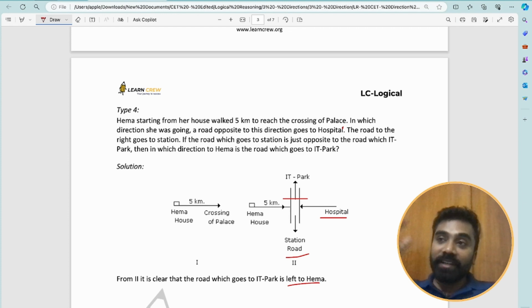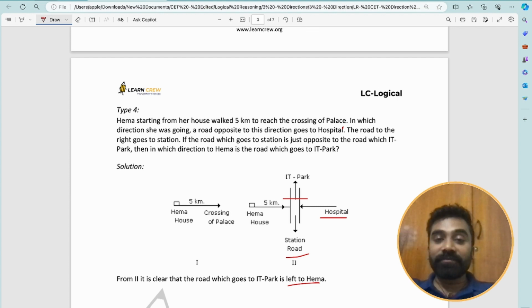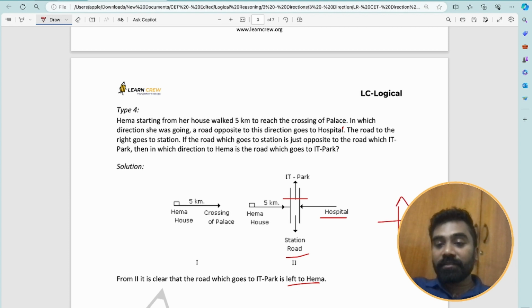Understand the question. It is normally facing north, but due to heavy wind it has started facing west. So what is happening? Normally it faces north, west, east and south.